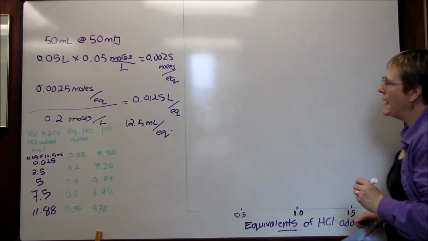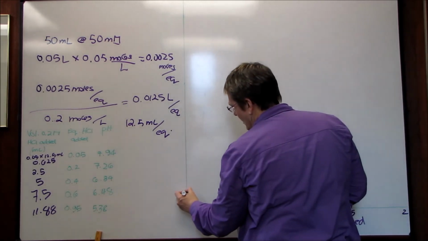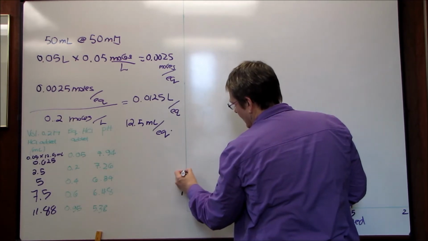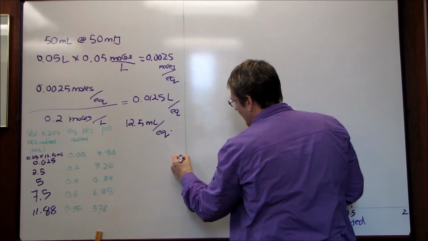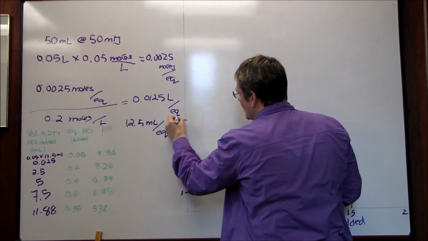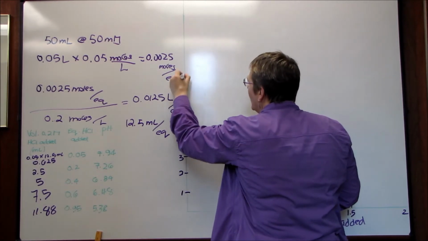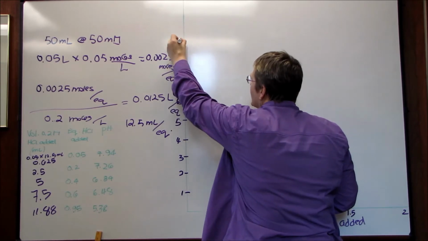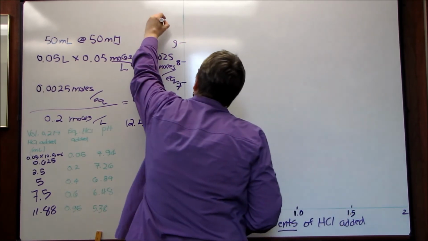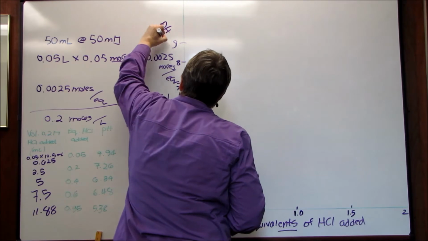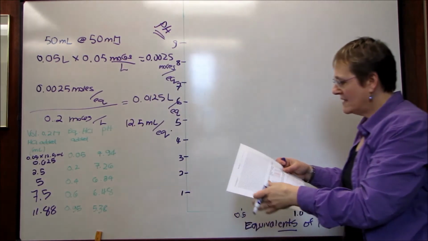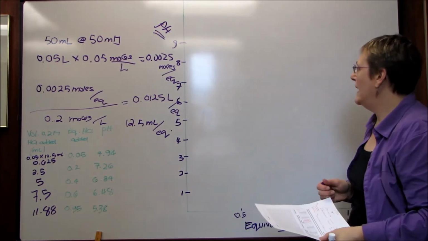All right? And that I am going to plot versus pH. I actually don't need to go that high in pH for this question. My y-axis is going to be labeled pH because my top values are only around 8.